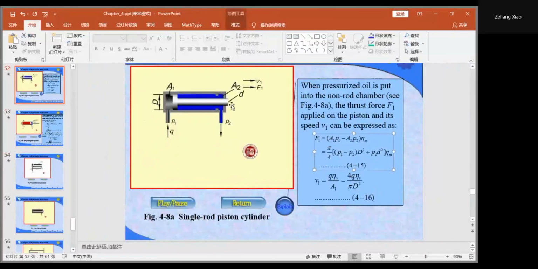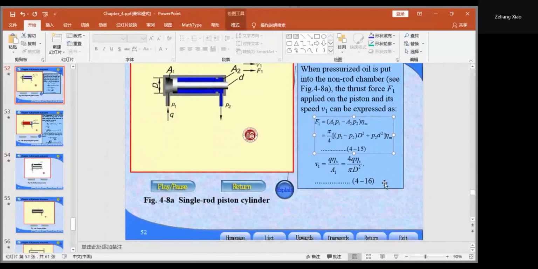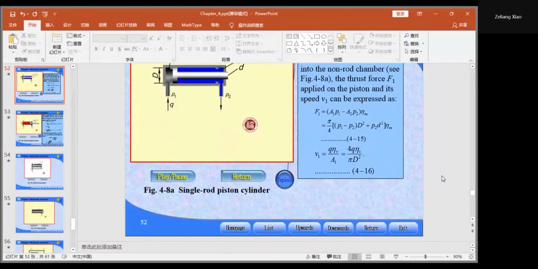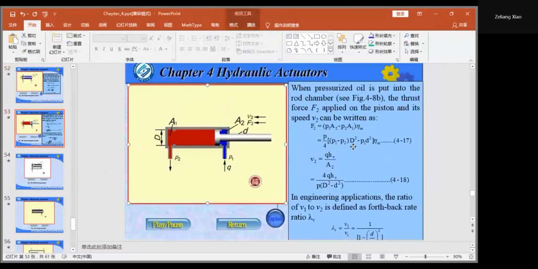This is A1 and this is A2, which we had.